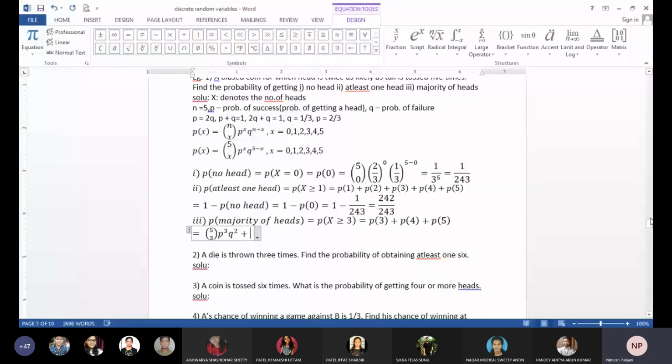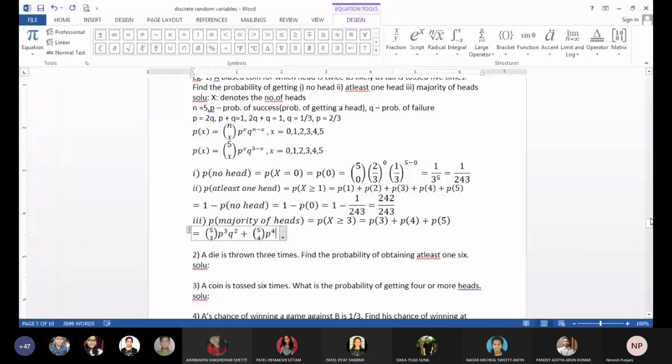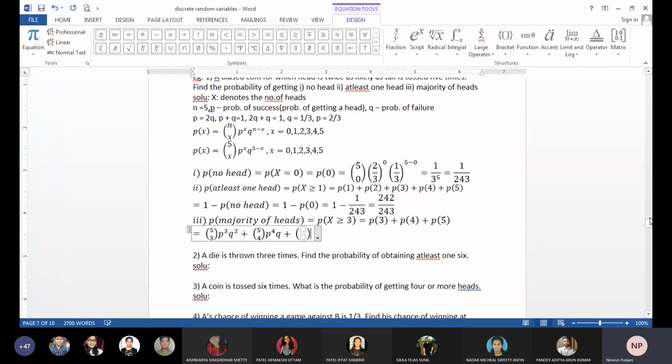Then P of 4 is 5C4 P raised to 4 into Q. Then 5C5 P raised to 5 Q raised to 0.